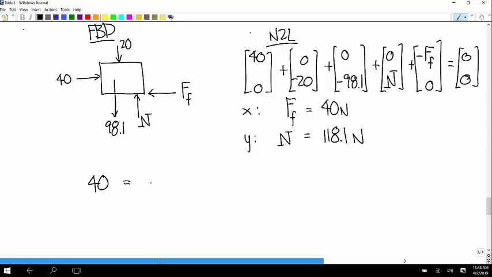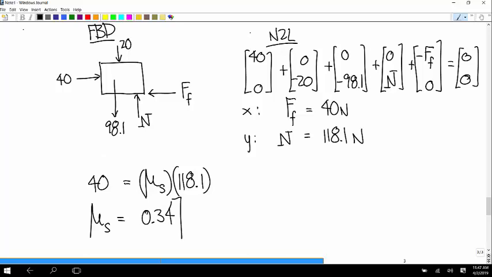So this is equal to the mu that we're trying to calculate times 118.1. And so now we can solve for the coefficient of static friction. And what do you get for that? 0.34.